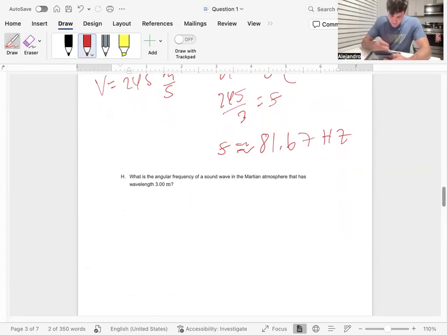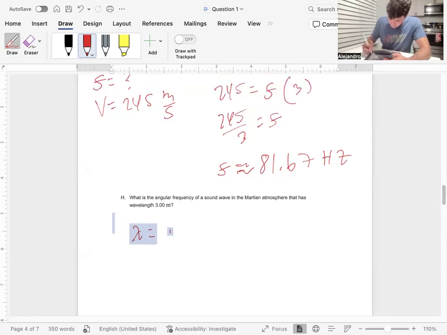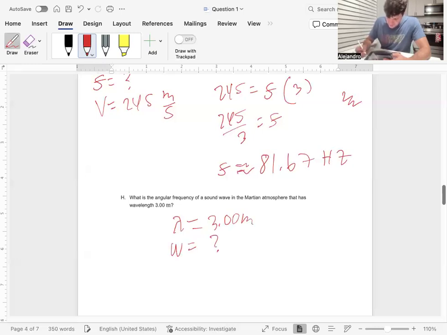Okay, the wavelength we know is 3 meters. We need to find the angular frequency.